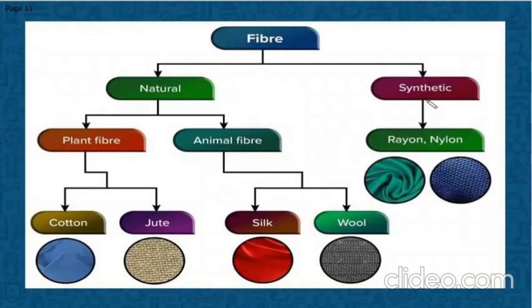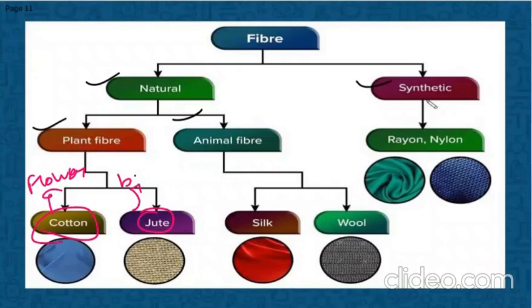So fibers are actually of two types: natural and synthetic. Natural fibers we have plant fibers and animal fibers, because they both are obtained from nature, isn't it? When I talk about plant fiber, we get it from cotton and jute. Cotton has a flower kind of structure, correct?